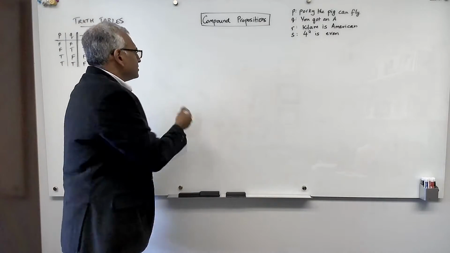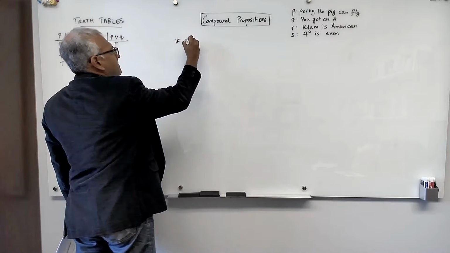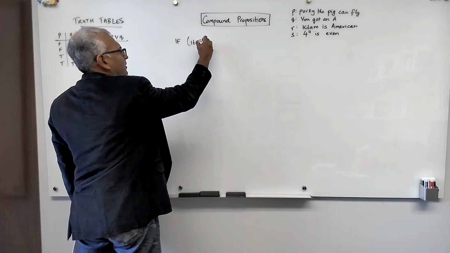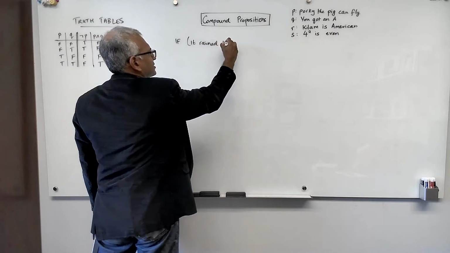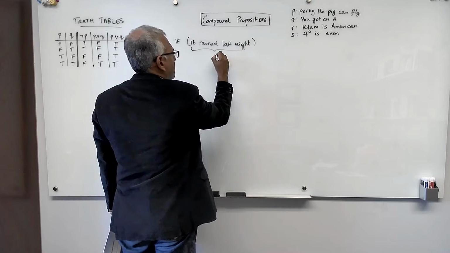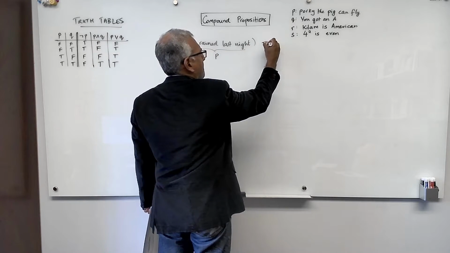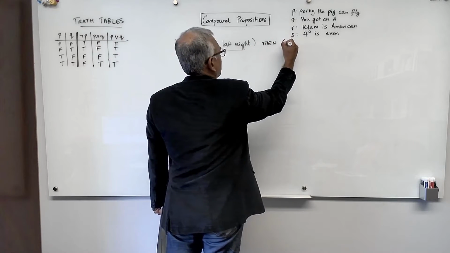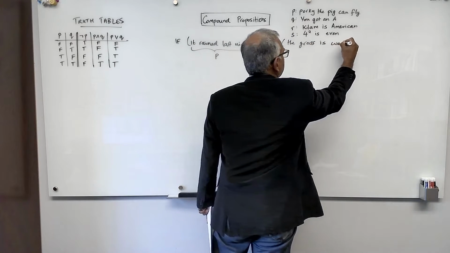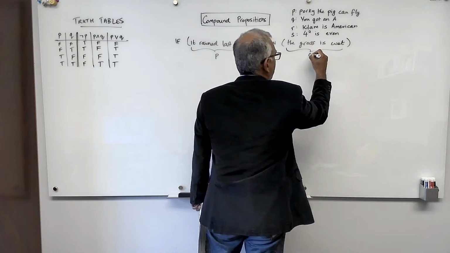If it rained last night, and this is P, then the grass is wet. This is Q.